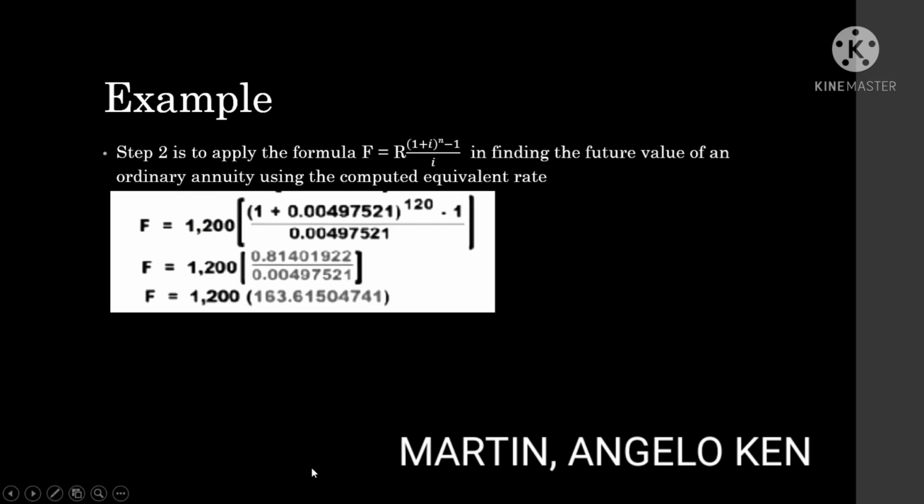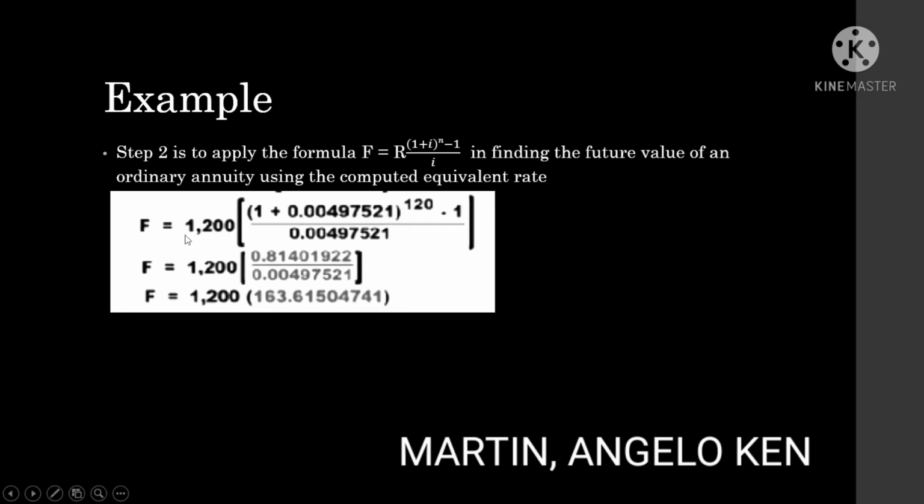Which gives us our interest equals 0.004975. Our step 2 is to apply the formula F equals R times ((1 plus I) raised to the N, minus 1) over I, in finding the future value of an ordinary annuity using the computed equivalent rate.